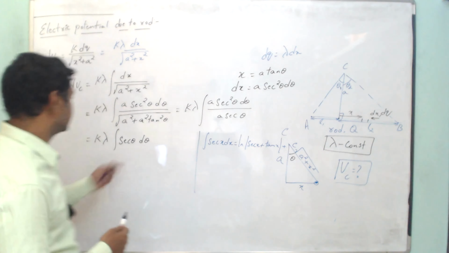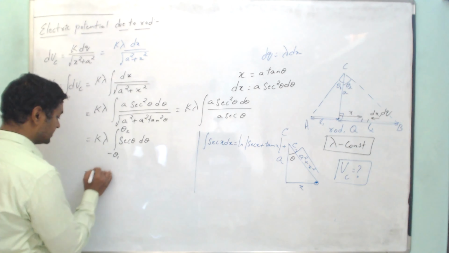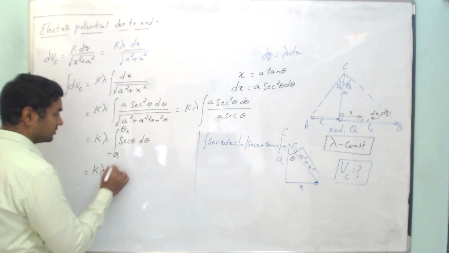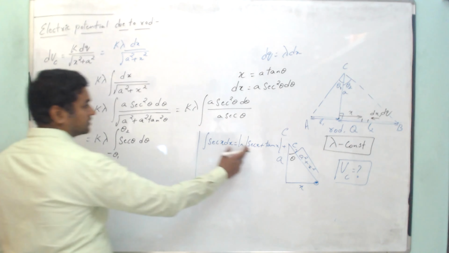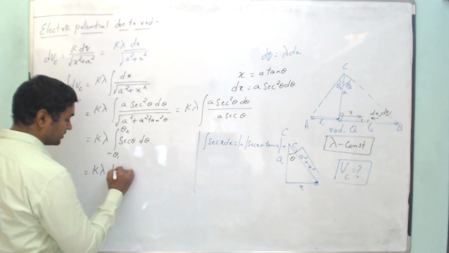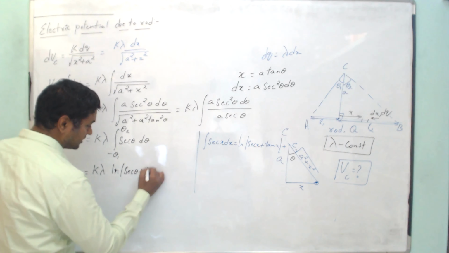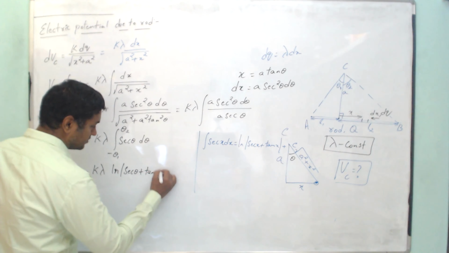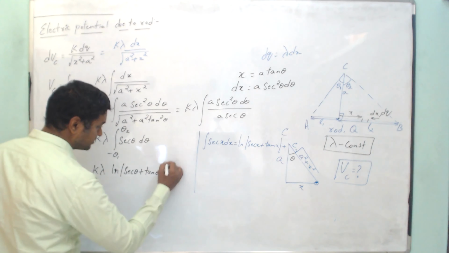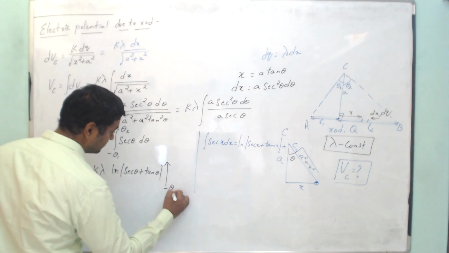So basically I have k lambda. Integral secant theta is ln mod secant theta plus tan theta. So first let us write that: ln mod secant theta plus tan theta, and the limits are from minus theta 1 to theta 2.